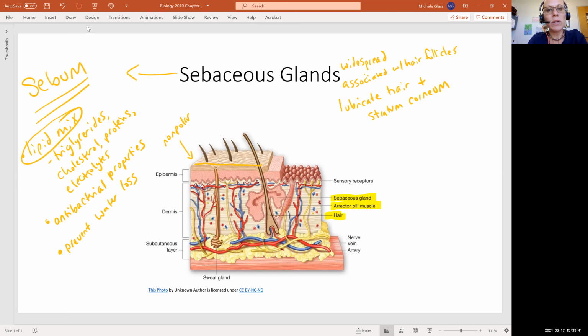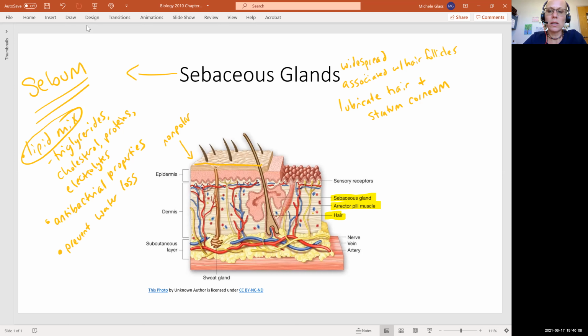If you have this lipid nonpolar layer all the way across your skin, water and oil don't mix. We know this pretty well at this point. And so it's going to make it harder for that water to actually cross the cutaneous membrane, either out of the body or into that body. But more importantly, prevent water loss from the body.